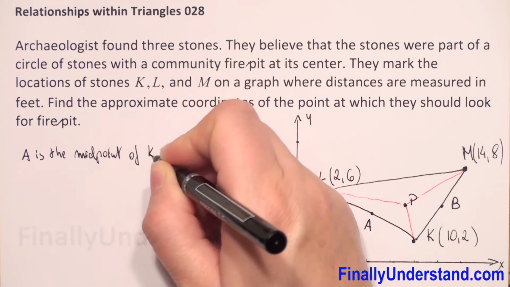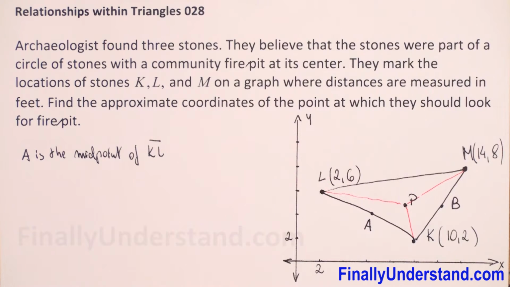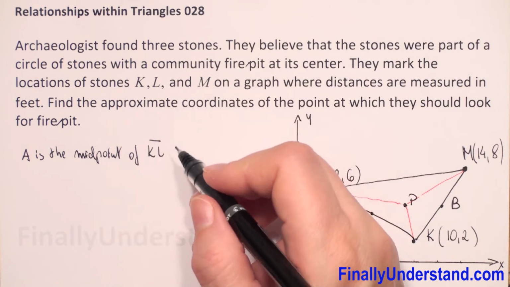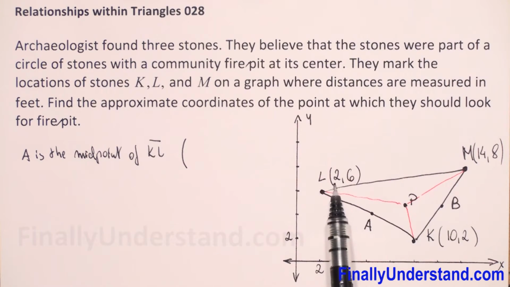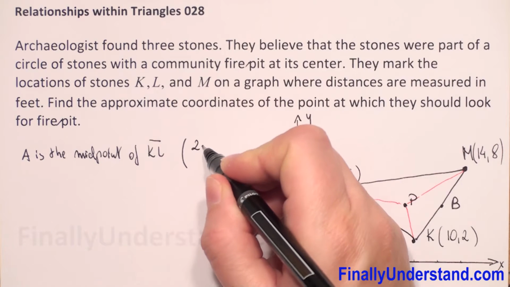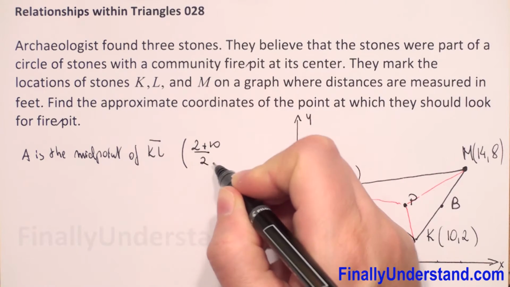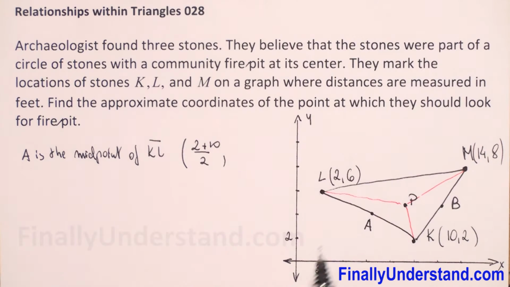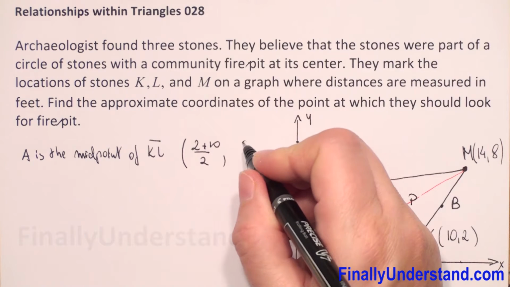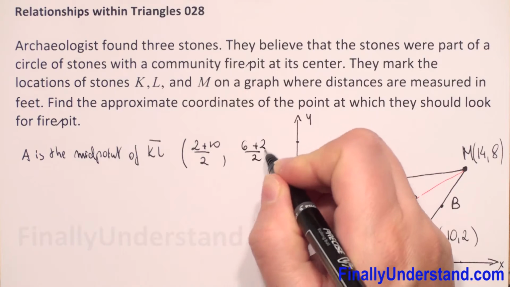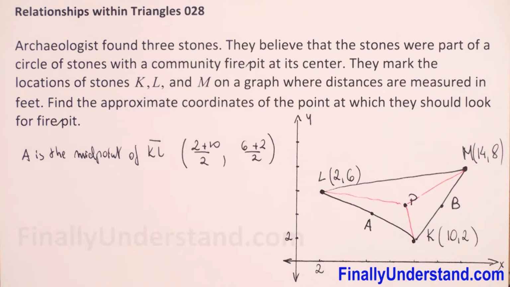of KL segment. So we know the formula for the midpoint. We need to add first coordinates and divide by 2, and next we have to add the second coordinates and divide by 2. So we will have 2 plus 10 divided by 2, and the second coordinate will be 6 plus 2 divided by 2.